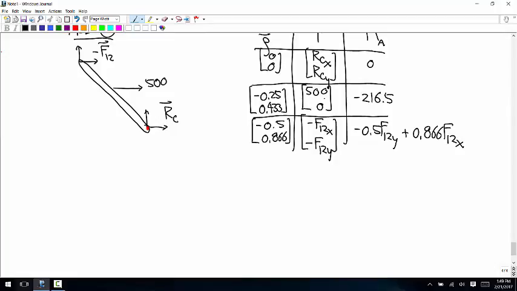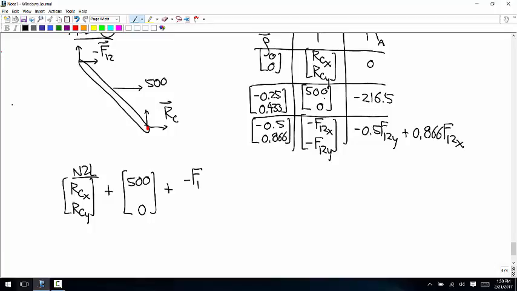Okay, I know I'm running over. I'll be done in 2 minutes or less. So Newton's second law says RCX, RCY plus 500, 0 plus negative F12x, negative F12y is equal to zeros.